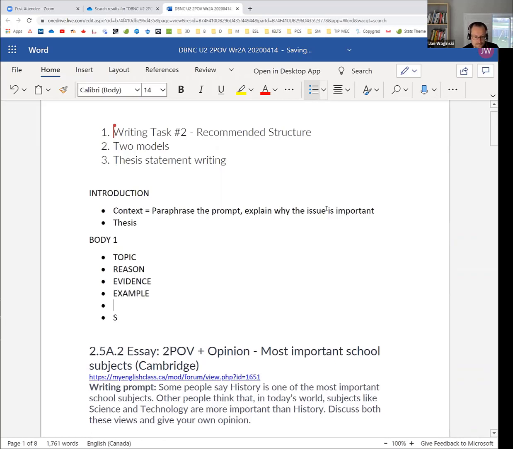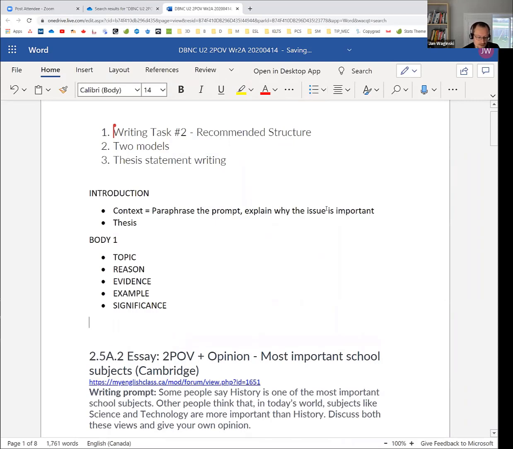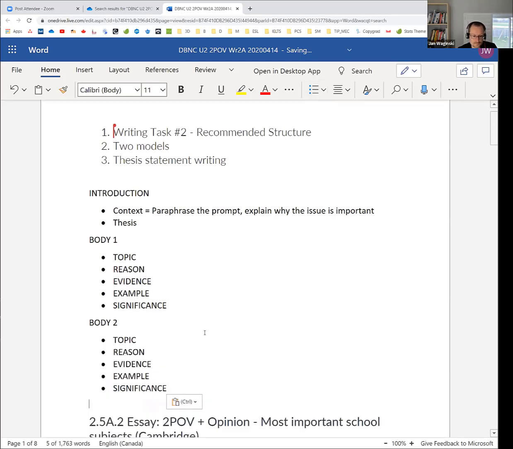Example, and significance, which is your connection back to the prompt, where you're explaining how that paragraph is connected to the prompt. And again, we're going to do the same thing for body paragraph 2. And you're going to do another conclusion.